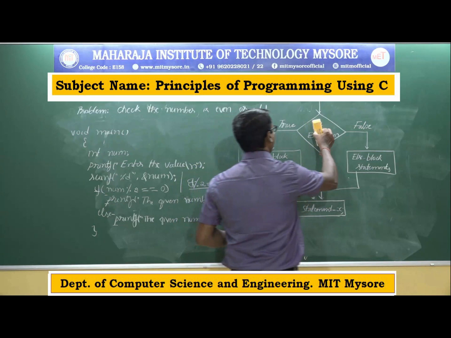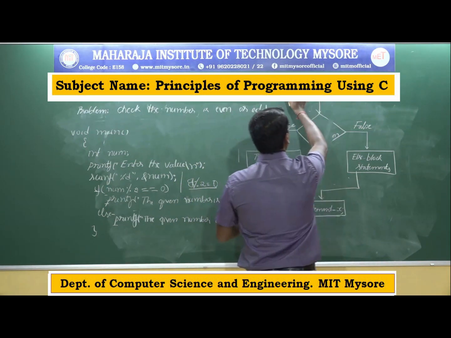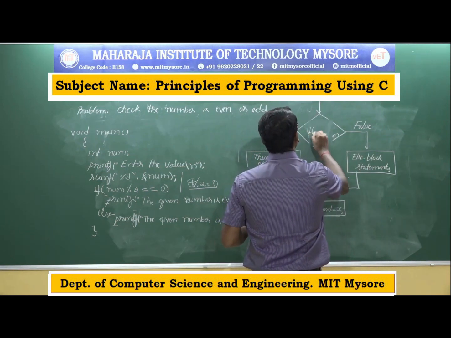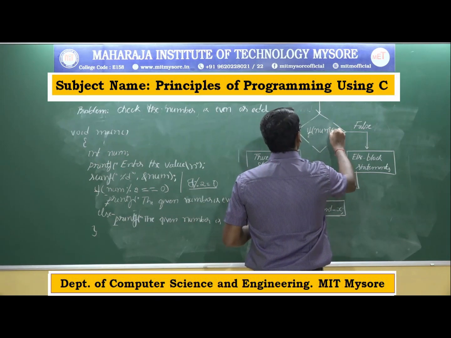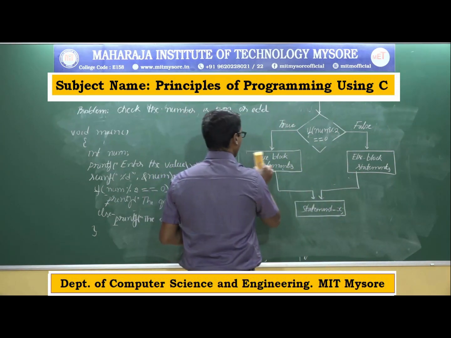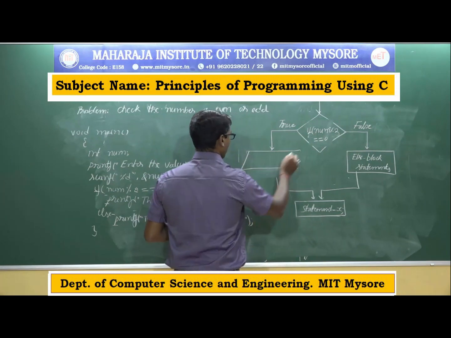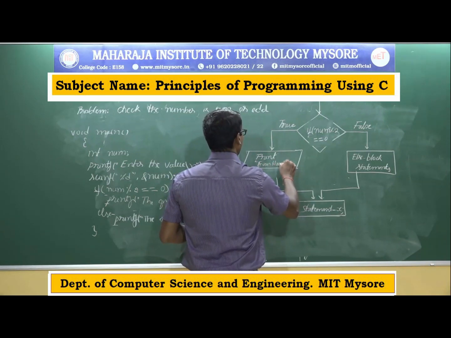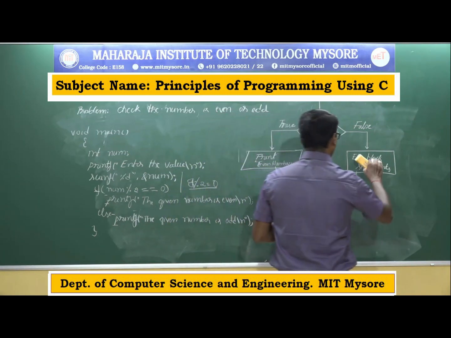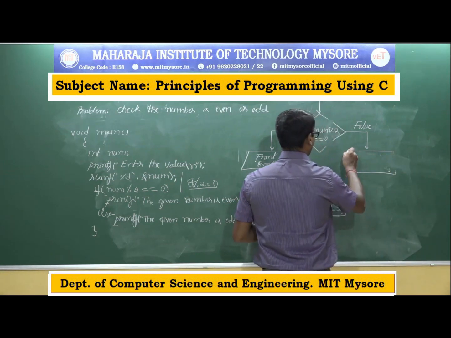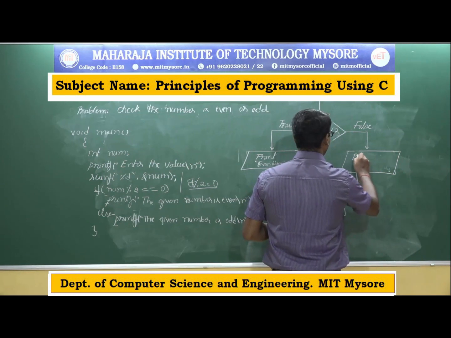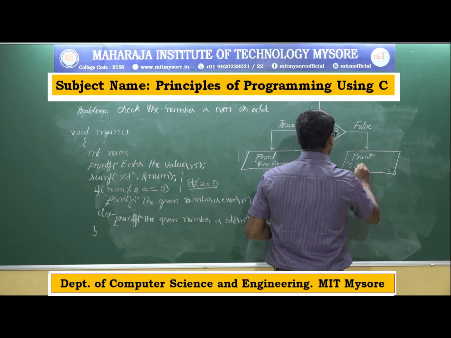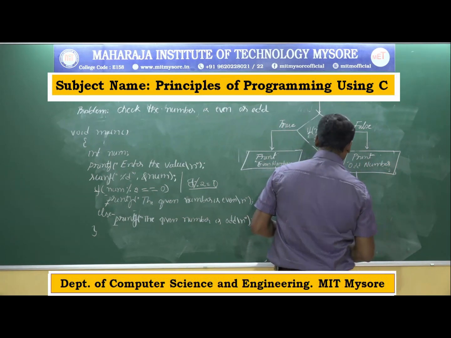Okay. Now I will write the flow diagram for this program. Here, if num modulus 2 is equal to 0, print even number. Else print odd number.